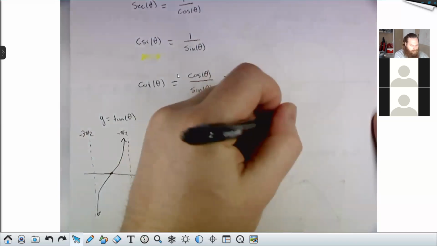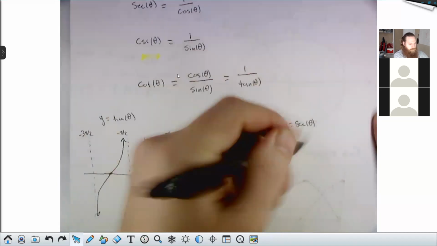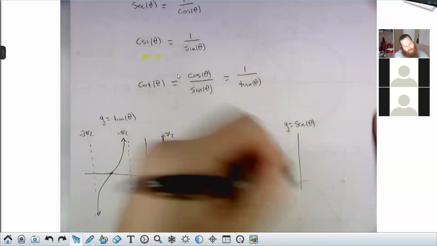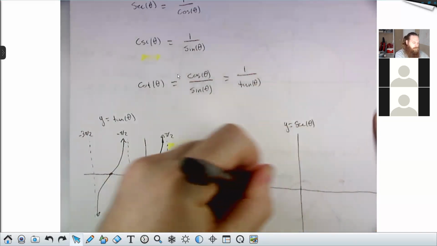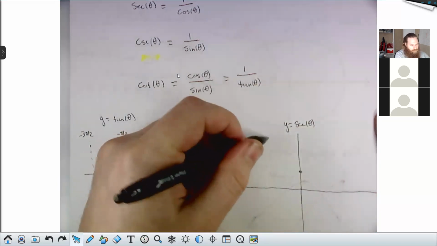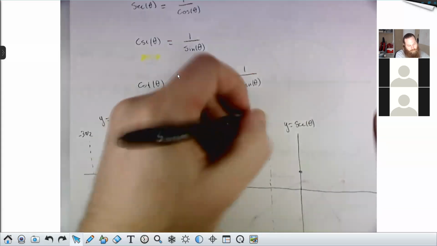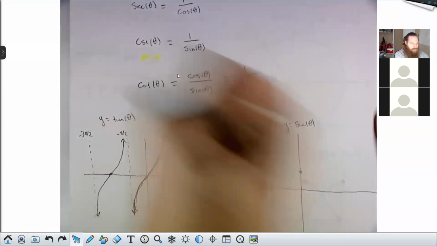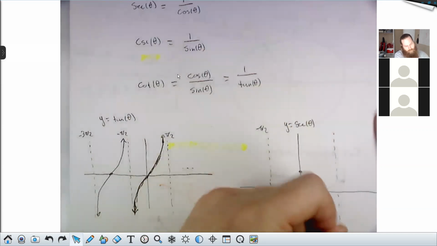Secant theta also blows up at odd multiples of pi over 2, negative pi over 2, positive pi over 2.